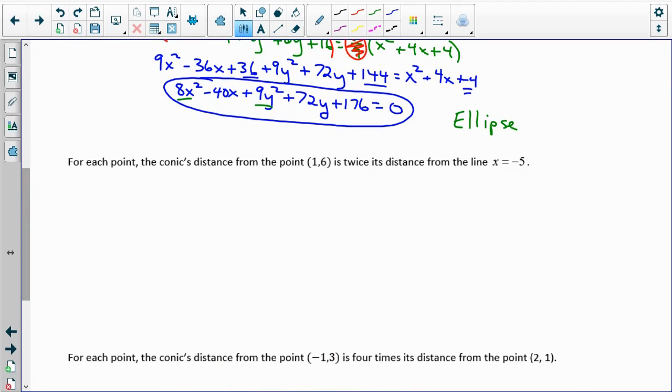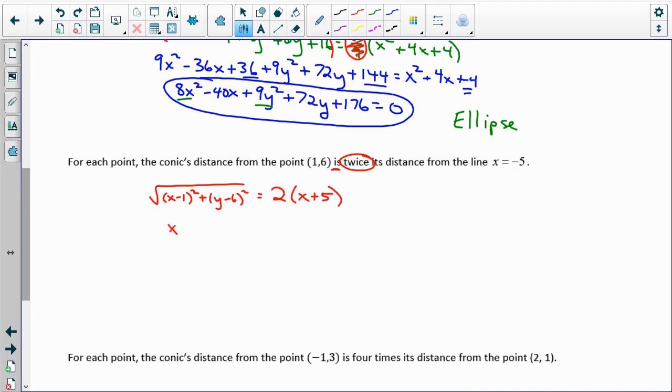For each point, the conic's distance from 1, 6 is twice its distance from the line x equals -5. So I have the square root of x minus 1 squared plus y minus 6 squared is 2 times x plus 5.